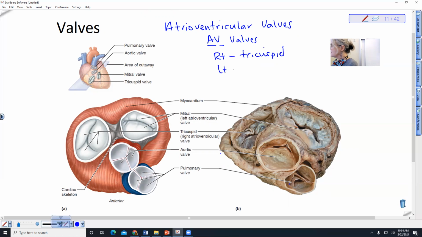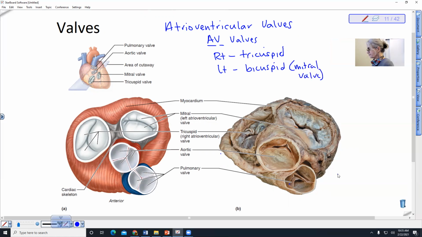The left is called the bicuspid, and it is also referred to as your mitral valve. Looking down on these, you can see 3 cusps of the tricuspid, the 2 cusps of the bicuspid, and these are what are going to prevent blood from flowing back to the atria.